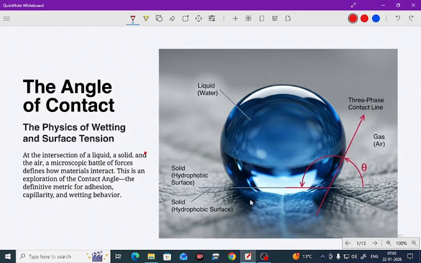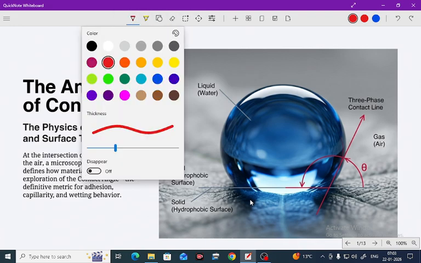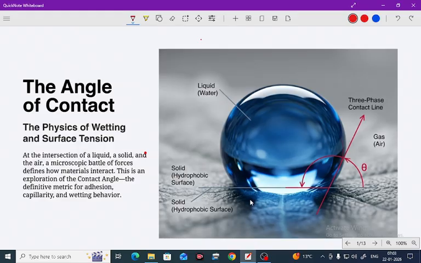You can see if we draw a tangent to the solid surface and a tangent to the liquid, this says what it says, the angle of contact.